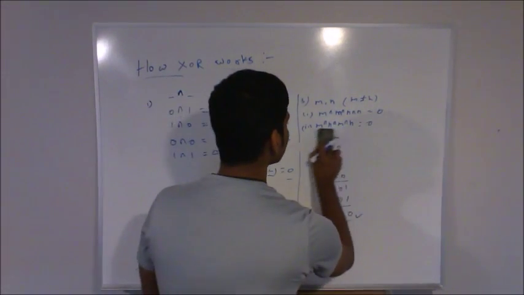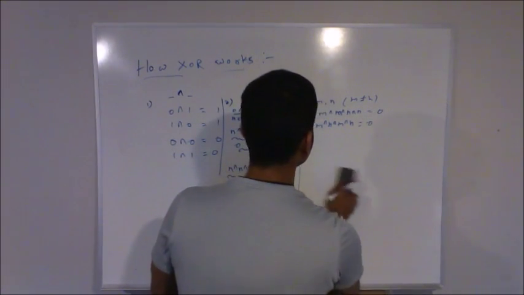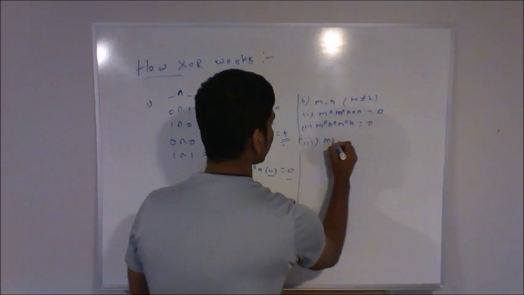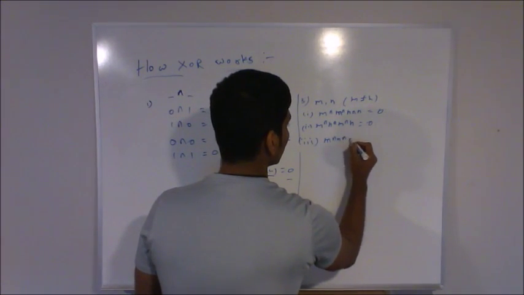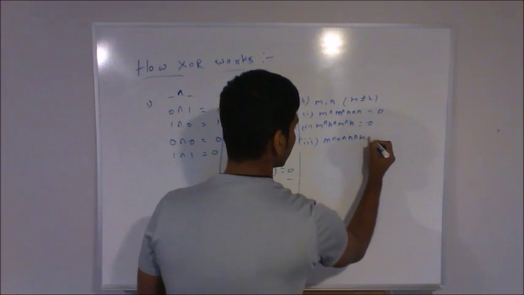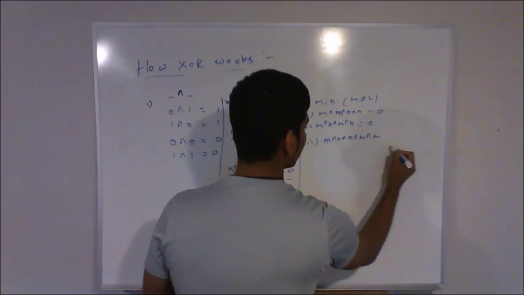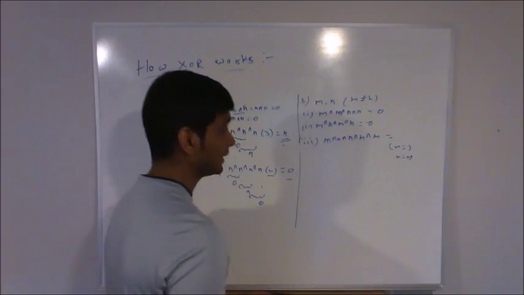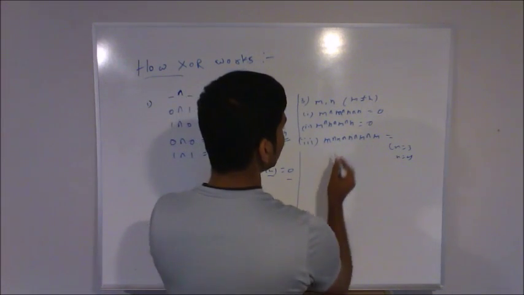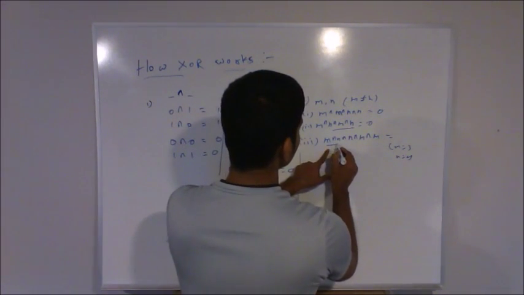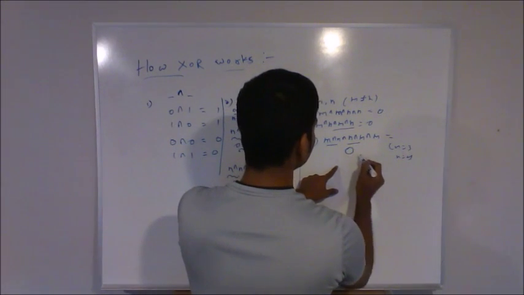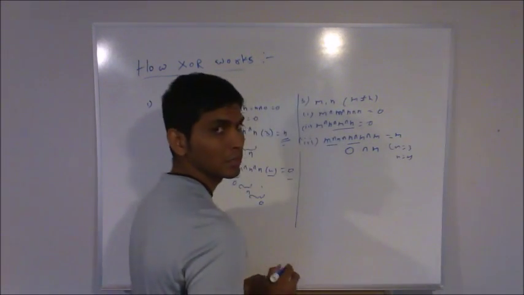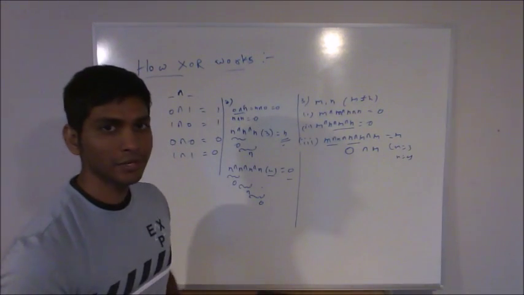One more example: let's see the third case. m XOR n XOR n XOR m, and let's say we have one more m. Here m is repeated 3 times and n is repeated 2 times. You can guess the result, right? Regardless of the order in which we applied it, the n's all become 0, and 0 XOR m becomes m. So these are a few observations you can try to remember.